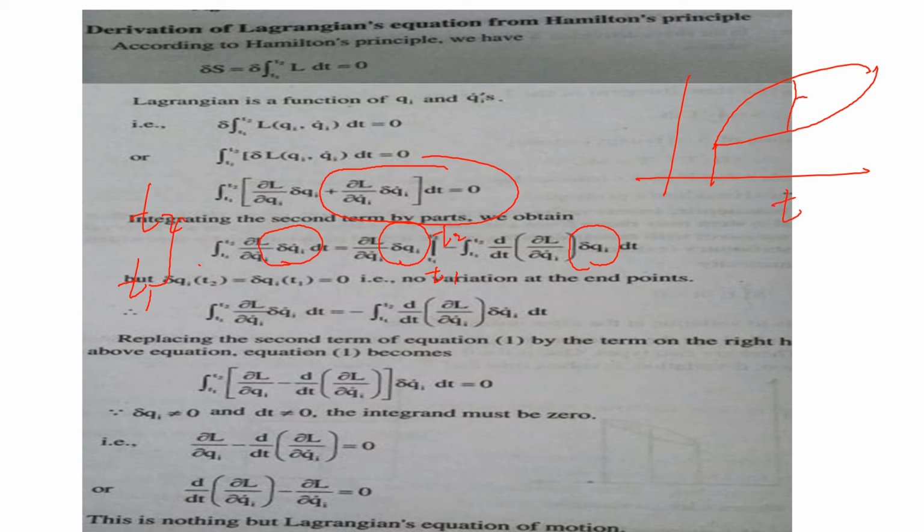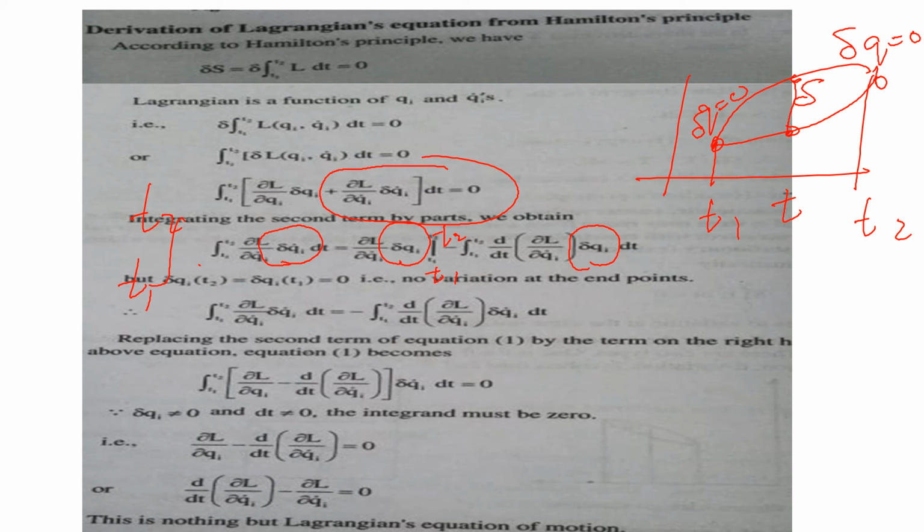Variation at a particular time. Here this is t1 and this is t2. You can see that at t1 the delta q variation is 0, and at t2 also the delta q variation is 0. So at the starting point and final point there is no delta variation. Delta variation refers to the variation at the same time as shown here. So that is why delta qj is 0 at t1 and t2.